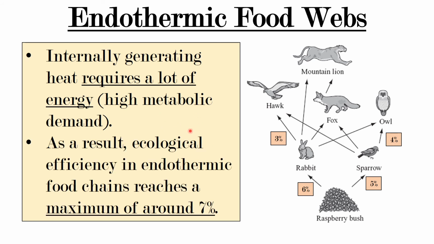As a result, because you need a lot of energy, the ecological efficiency only reaches 7%. Generating heat requires energy, so you can only pass on about a maximum of 7% in these endothermic food webs.